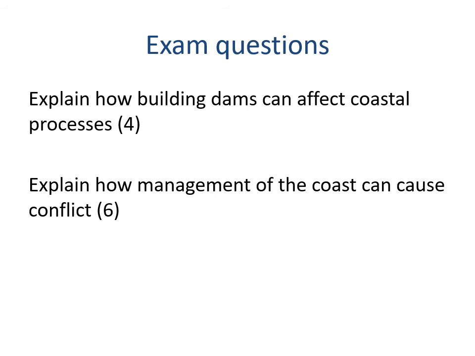It will trap sediment. That means there's less sediment getting to the sea. You get a change in the sediment budget. That then means there's less deposition, and the sand that's been eroded isn't being replaced, and therefore you go into that erosion of the Nile Delta.